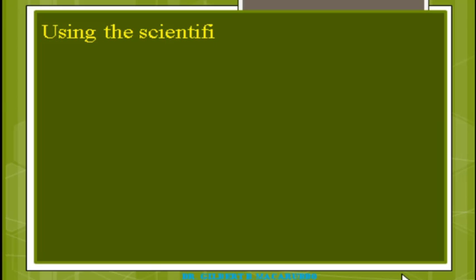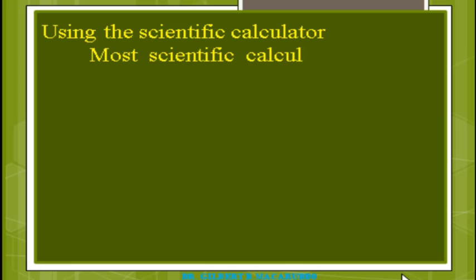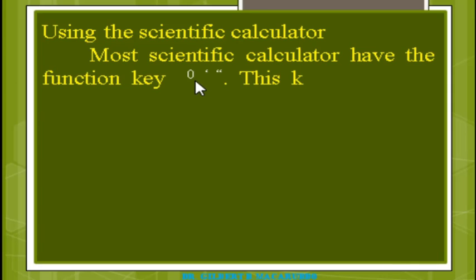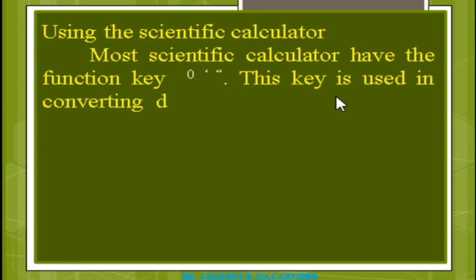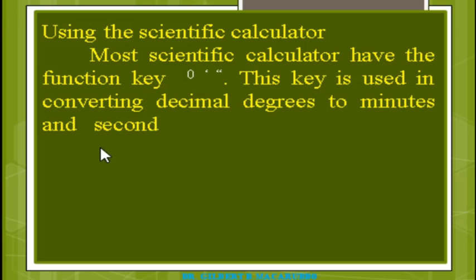Using the scientific calculator, most scientific calculators have the function key degrees, minutes, and seconds. This key is used in converting decimal degrees to minutes and seconds form.